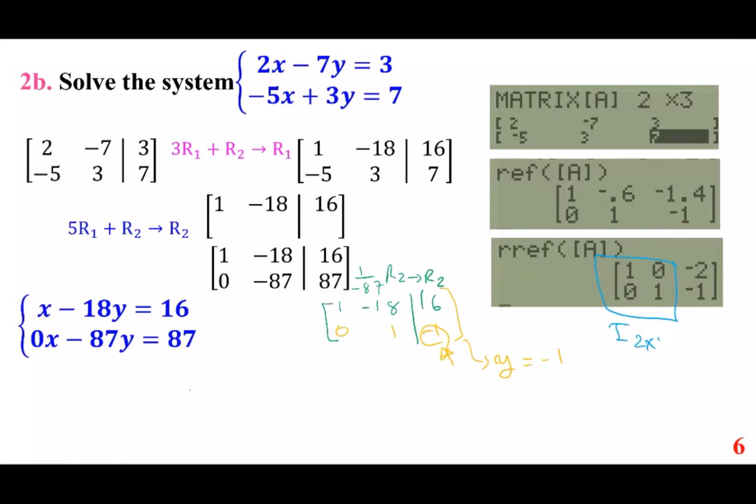They call it I, identity matrix of 2 by 2. Therefore, the answer is just looking at you. x is -2, y is -1. And as always, go ahead and check. Always check your work. Again, I just want you to be exposed to this methodology as well as the technology and how you use it.